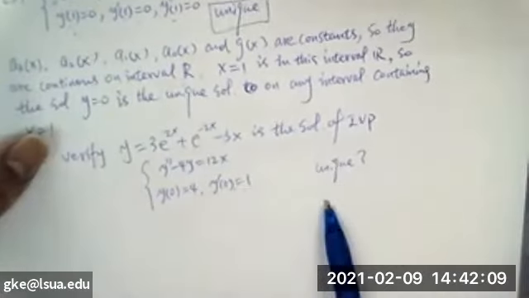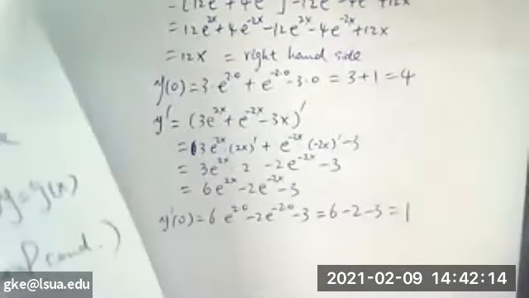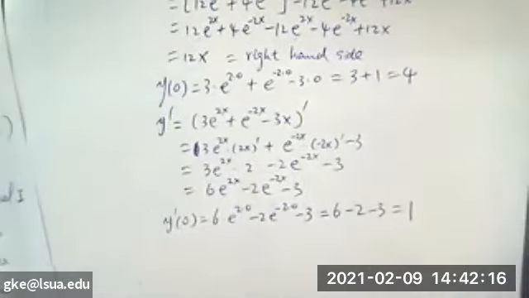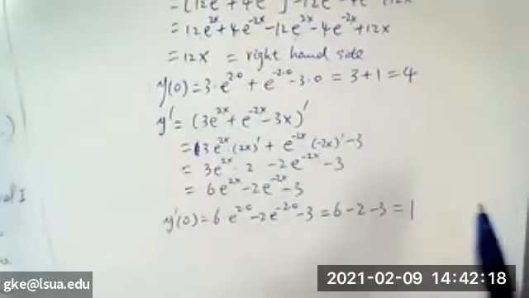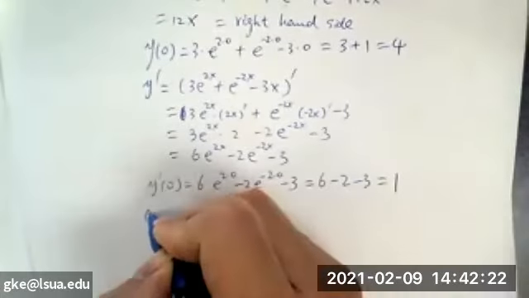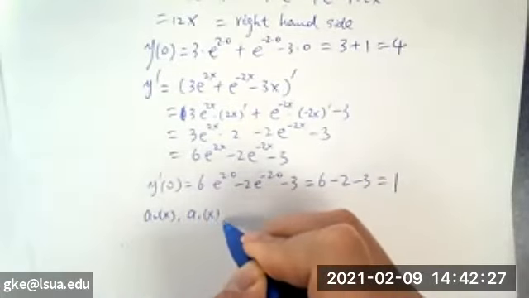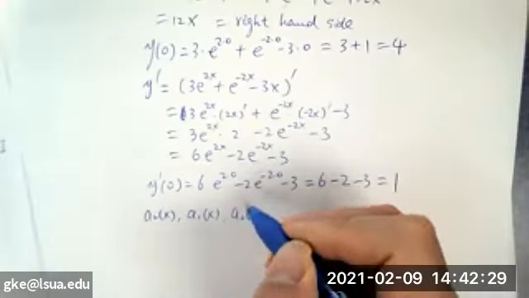Now we're going to check whether this solution is unique or not. As we can tell, the coefficients here are constant. You can see a2(x), a1(x), and a0(x).